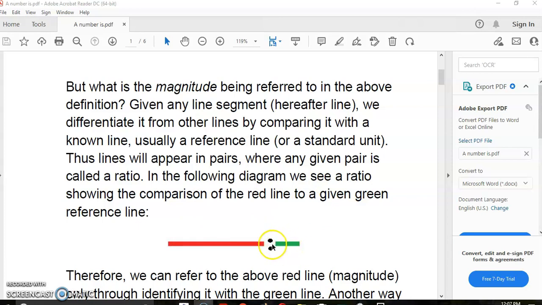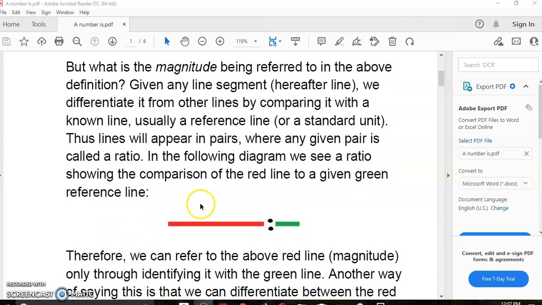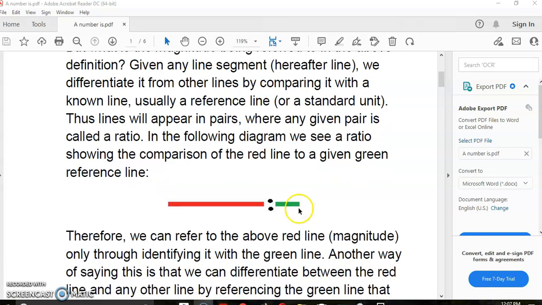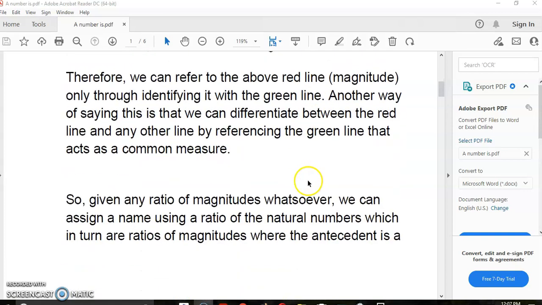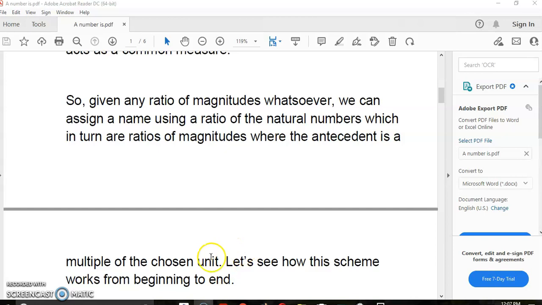If there are any others, and we want to make sense of them, then both of them must have a common measure, this green line. So, given any ratio of magnitudes whatsoever, we can assign a name using a ratio of the natural numbers, which is simply a ratio where what appears before the colon is a multiple of the chosen unit, and what appears after the colon is the chosen unit.